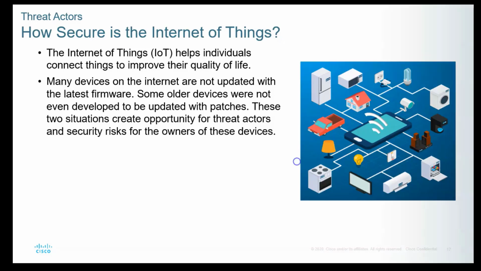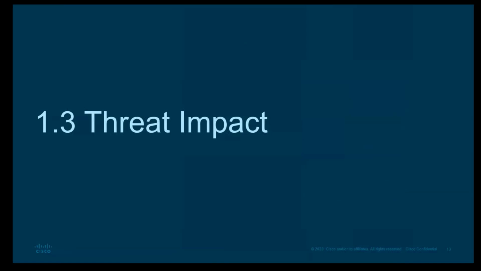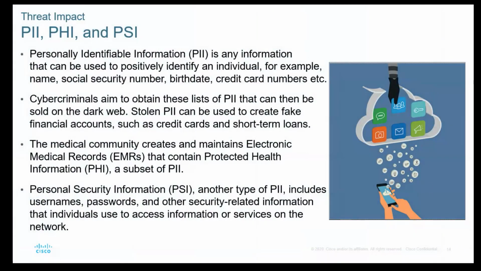Now, what impact do these threats have on us? Well, they can get personal identification information. To my cybersecurity people, this is going to be important. It will be on your test. They can get PHI or PSI. You need to know what those different things are because you will be protecting that data, so make sure you understand that clearly.